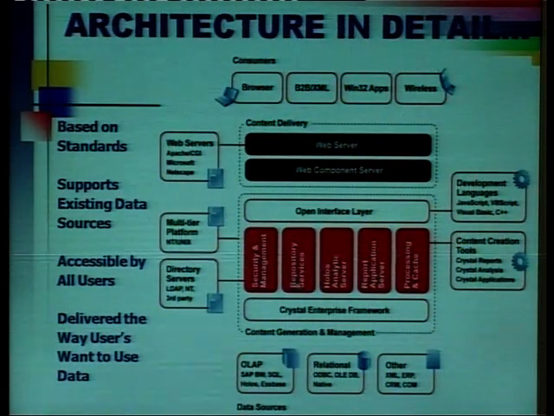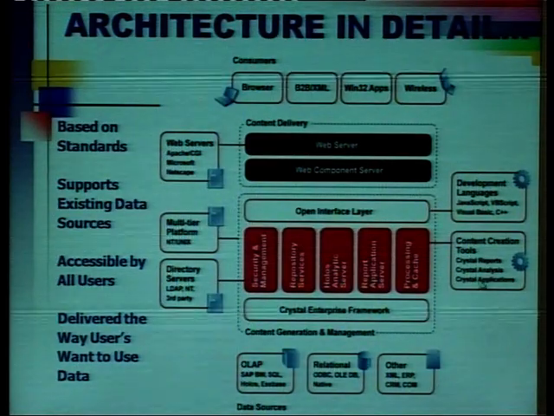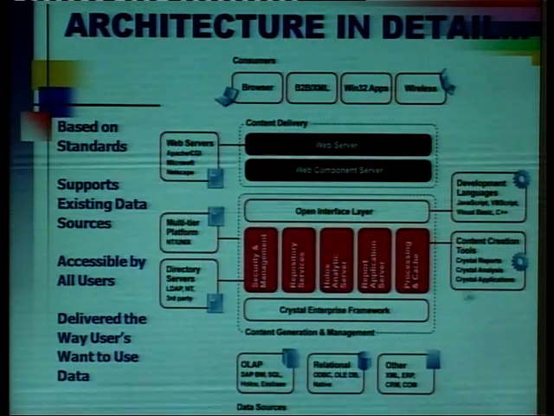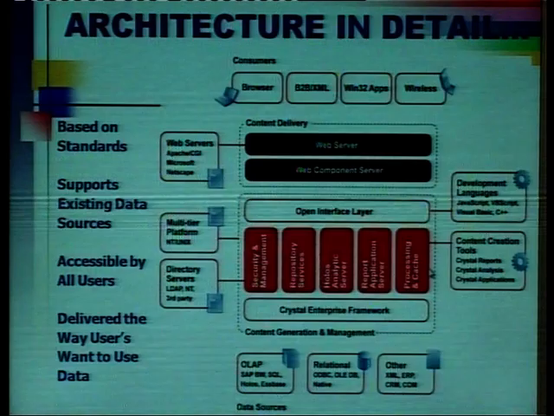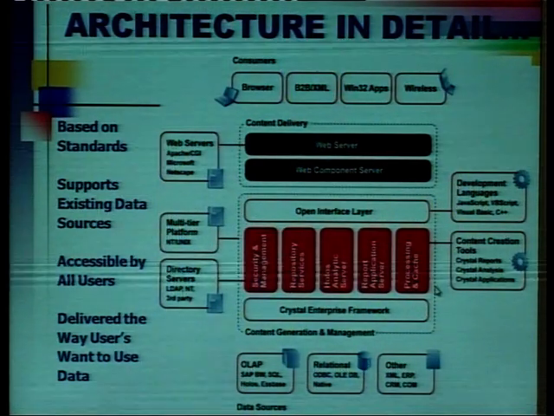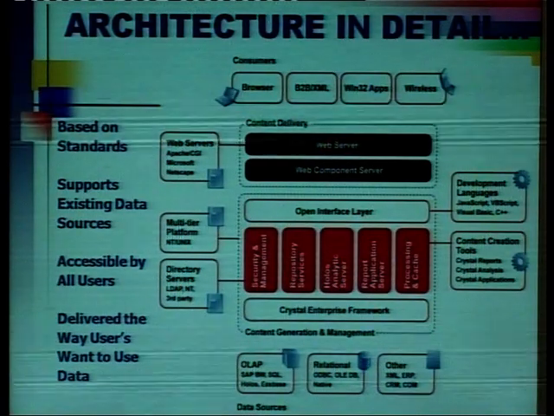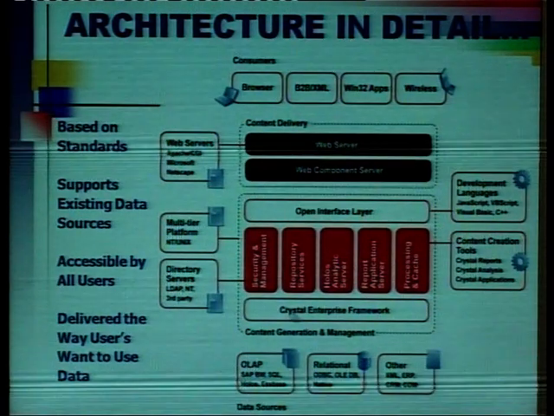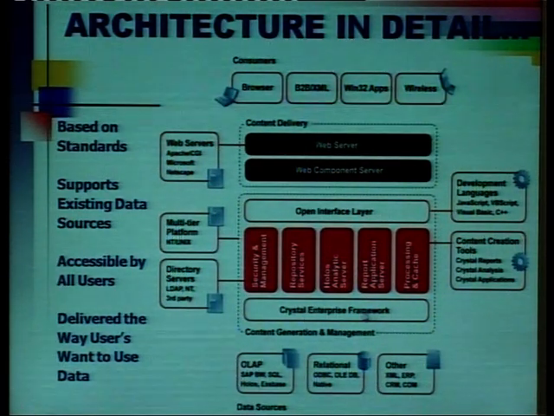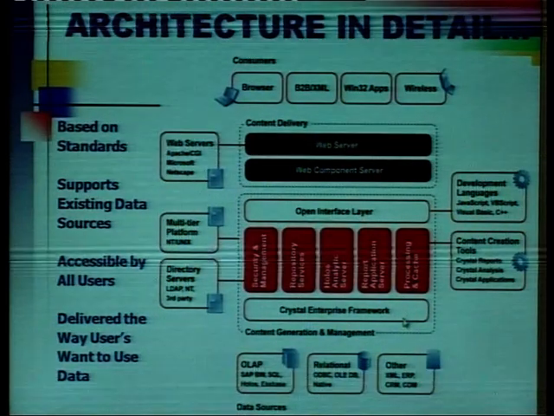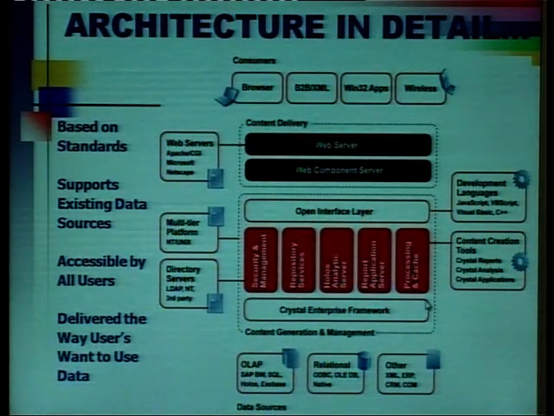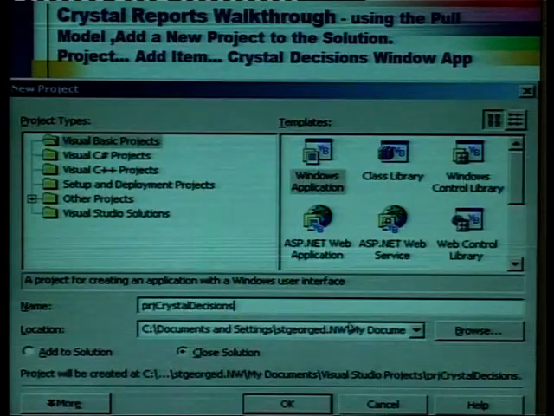These are the directory servers and content creation tools which can be used for creating the contents of the Crystal Reports and then analyzing those Crystal Reports. There comes a Crystal Enterprise framework which is used for the generation and management of the Crystal Reports.